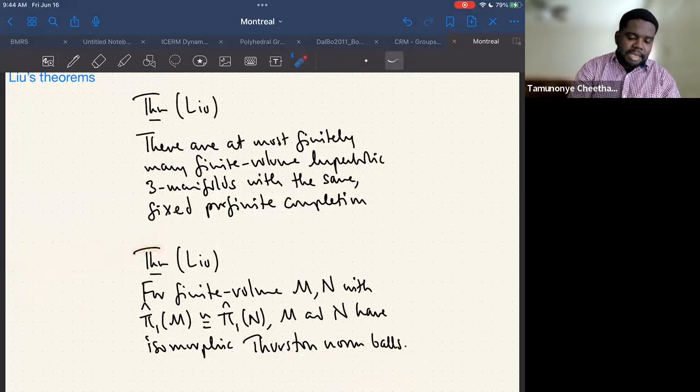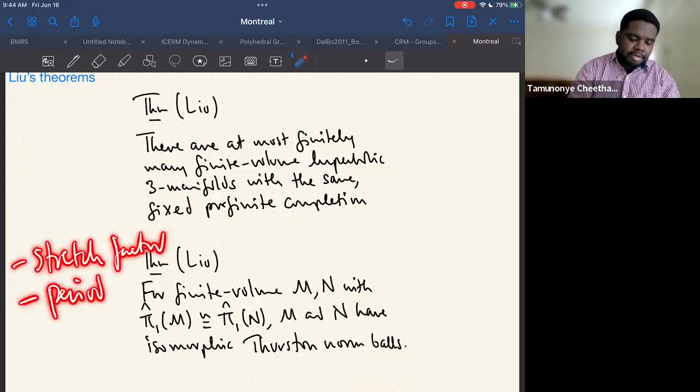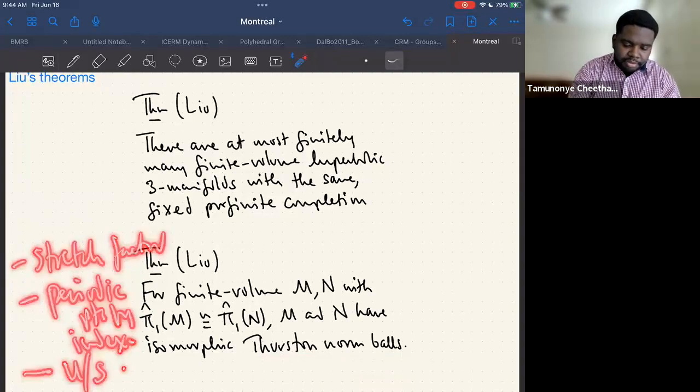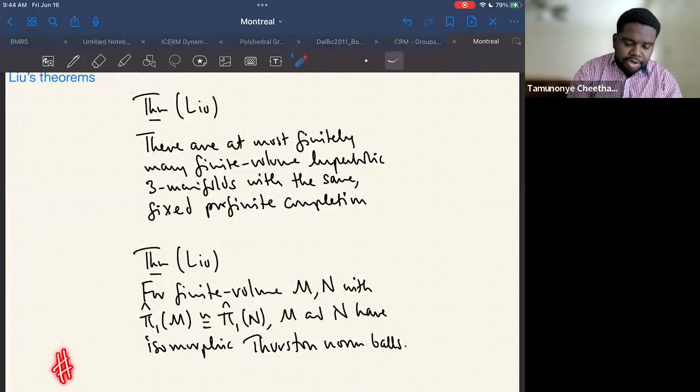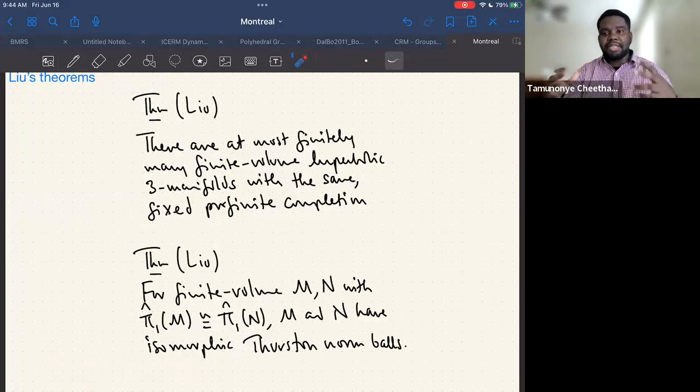They will have the same number of periodic points by index. They will have the same number of singularities, k-pronged for k at most 3, and they will have the same orientability status. The stable and unstable foliations will have the same orientability status.